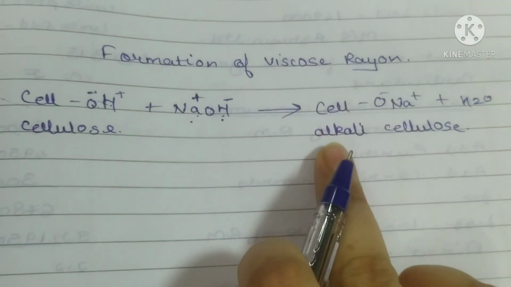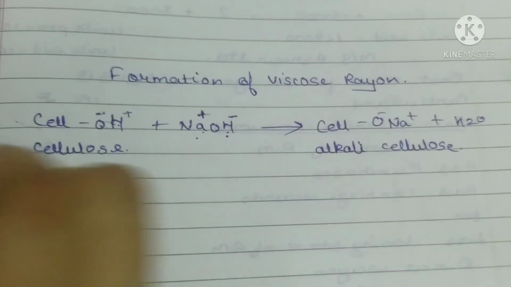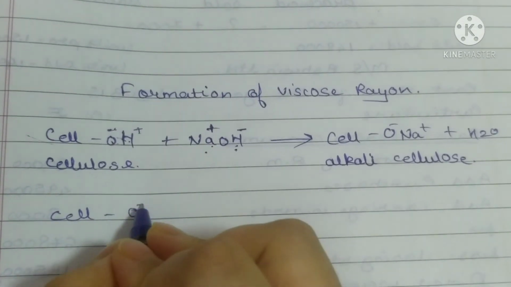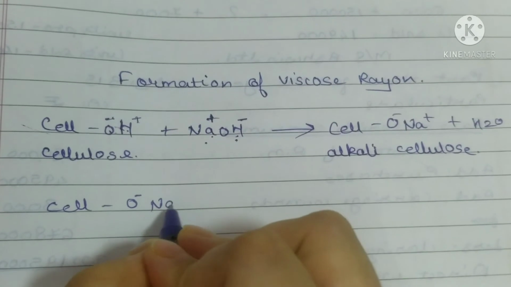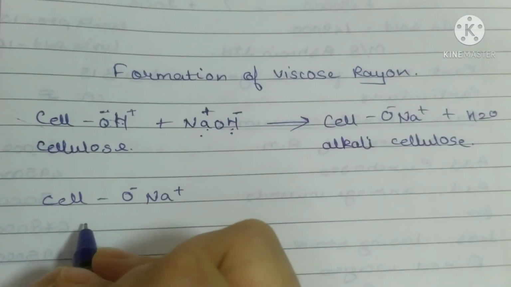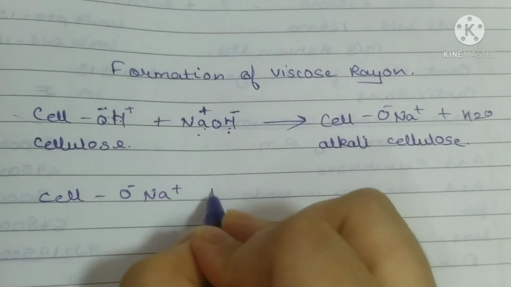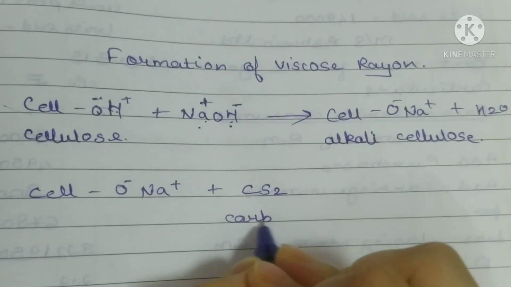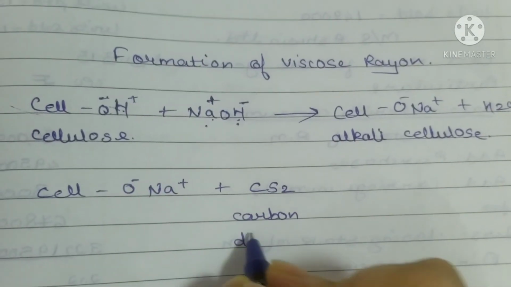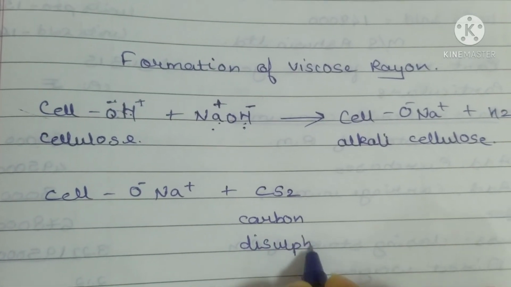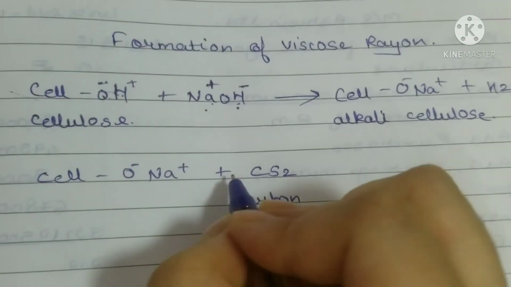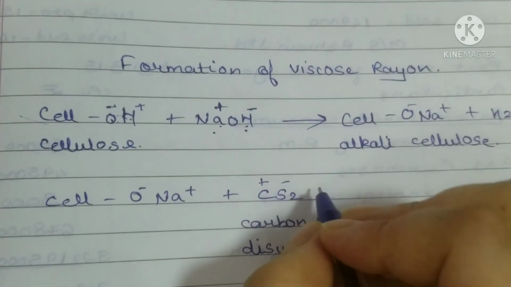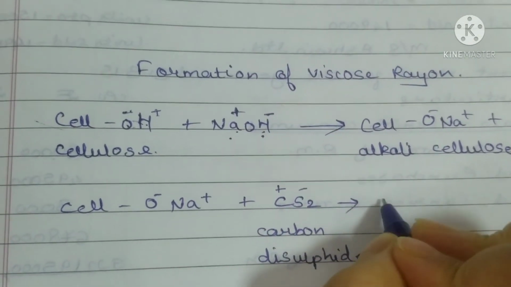Now you are going to take the alkali cellulose, that is cell O minus Na plus, and treat this with CS2, that is carbon disulfide. Carbon has a positive charge, sulfur has a negative charge. So what are you going to get?